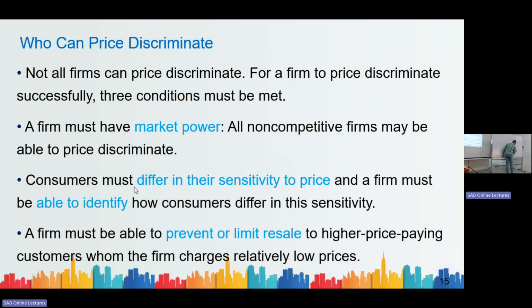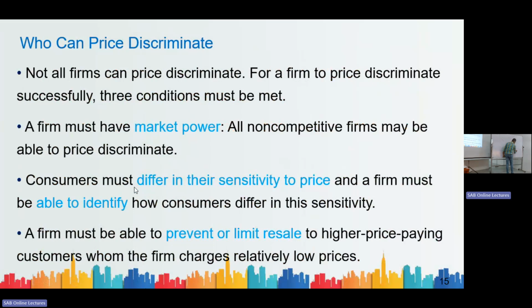Even a small increase in price in the economy class is enough for a lower income person to stop his or her decision to travel abroad. That is why, for those who choose the economy class, their price sensitivity is very high.